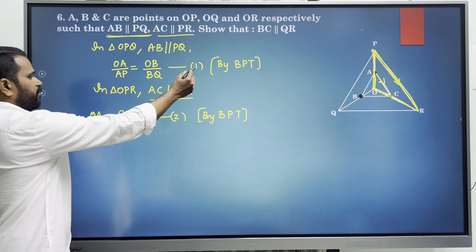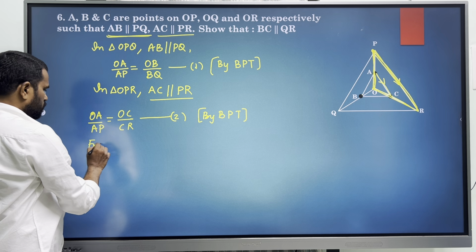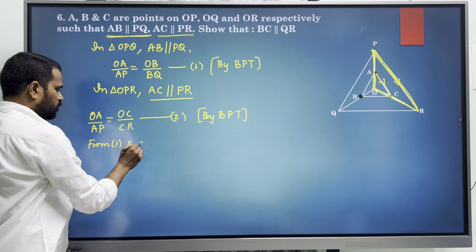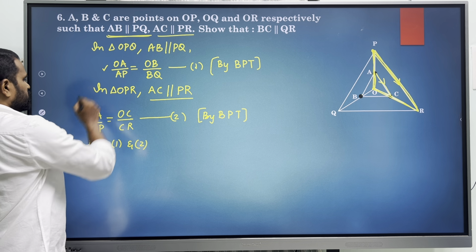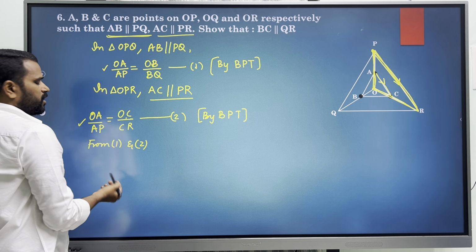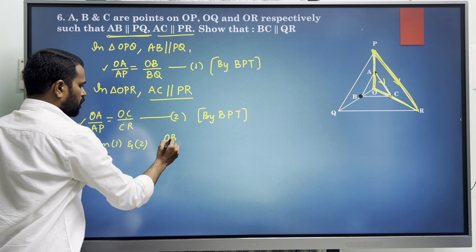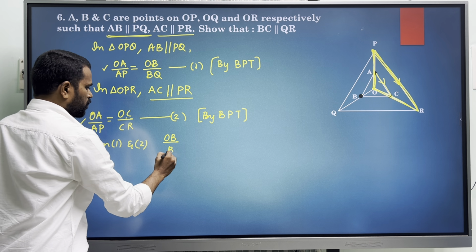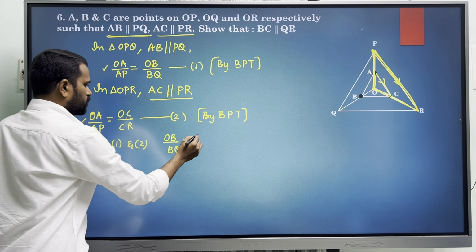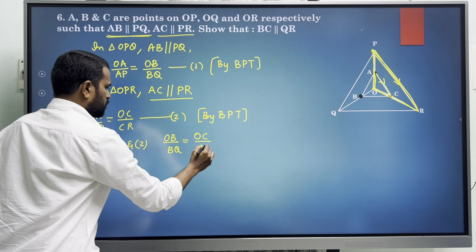If you see from 1 and 2, LHS is the same, right? So RHS should be equal. So OB by BQ is equal to OC by CR.